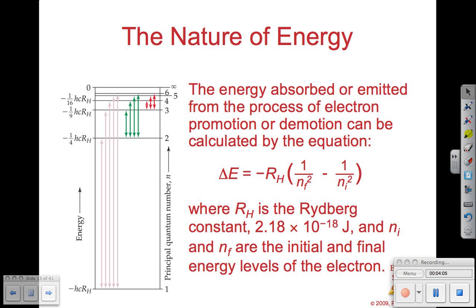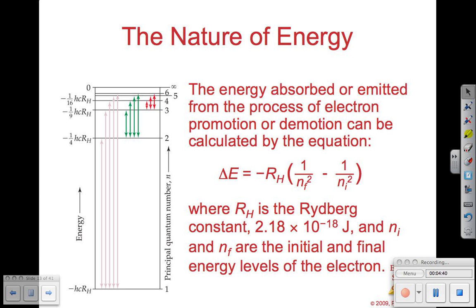So let's say the electron starts in the ground state at 1, and then it absorbs energy to jump up to the third energy level. Well, then you would have 1/9 minus 1. Okay, so then you have that difference and do the math, and it gives you the energy associated with that movement of the electron, showing how much energy the electron absorbed.